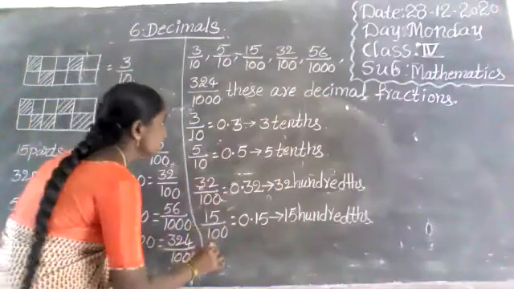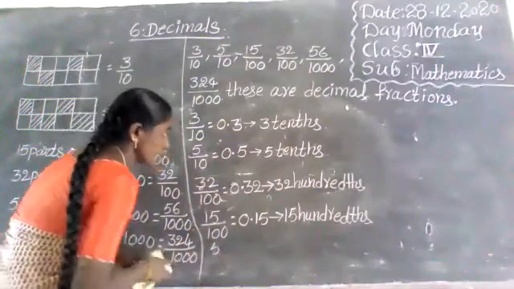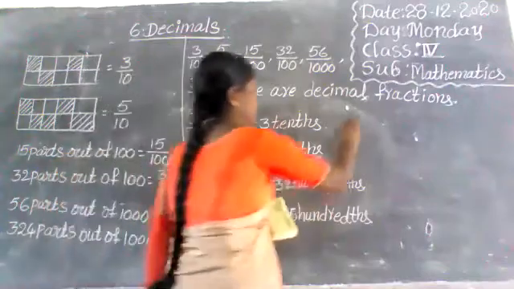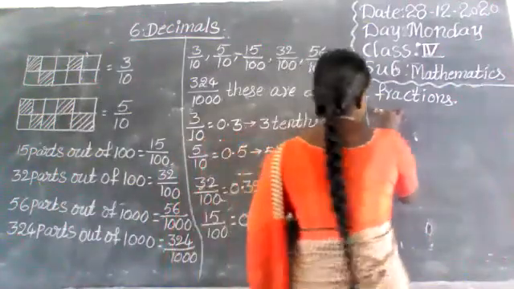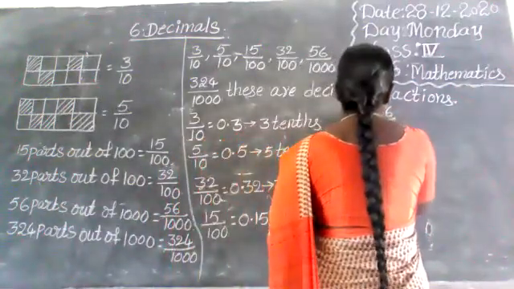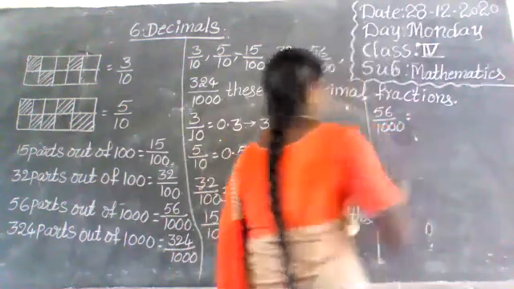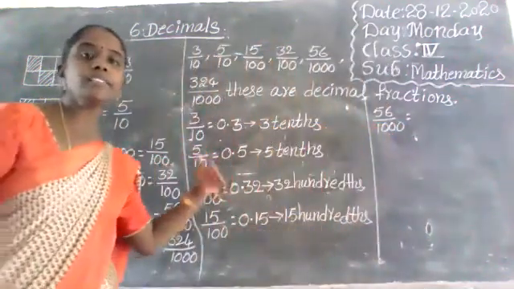Next, 56 by 1000. We have to write it in decimal form.